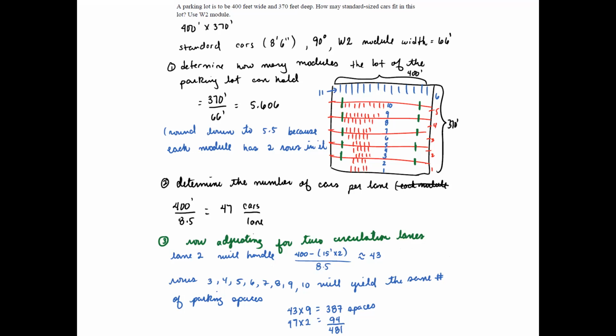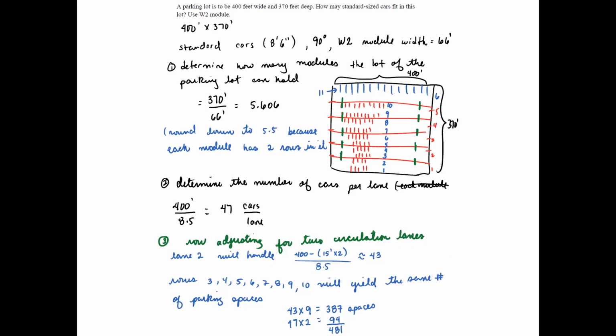That's not going to affect the first row. You see that the first row can go from side to side, and the last row, the one that is blue, is not going to be affected by the circulation lane. Those are going corner to corner, but the rest of the lanes will be cut because they need some of that space for the circulation lanes.